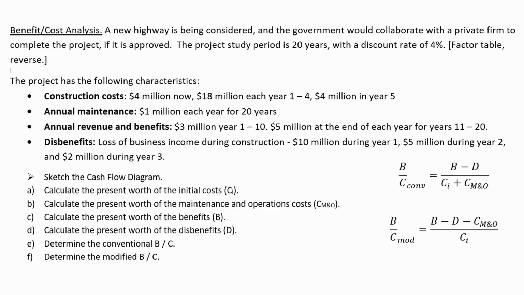This is the handout for today, the in-class exercise. And on the back side of the paper is the 4% table, because in this project we assume that we're borrowing money at 4%.